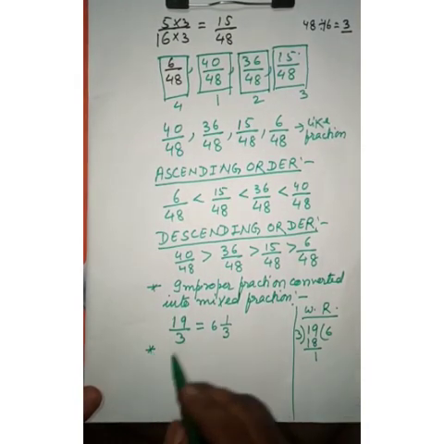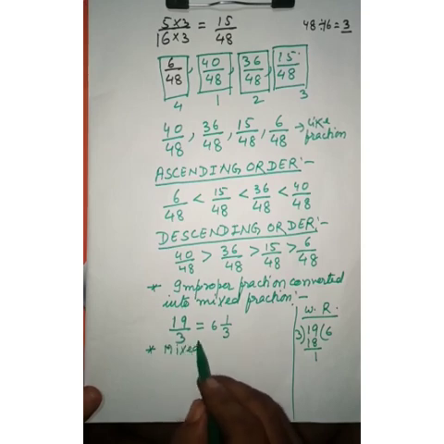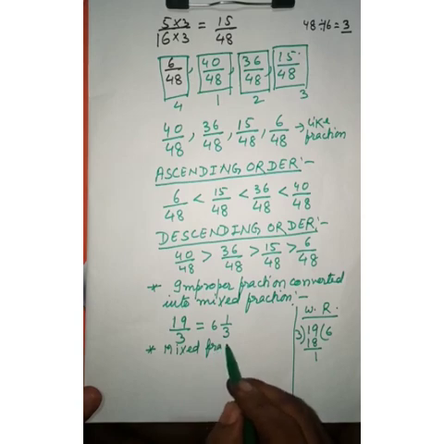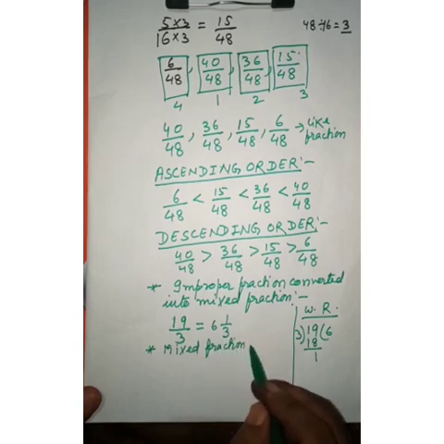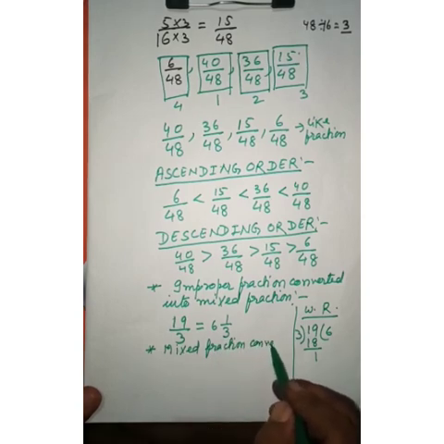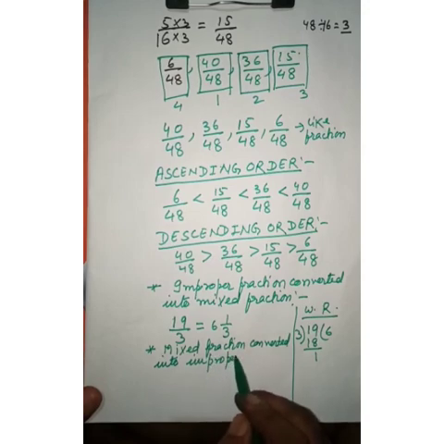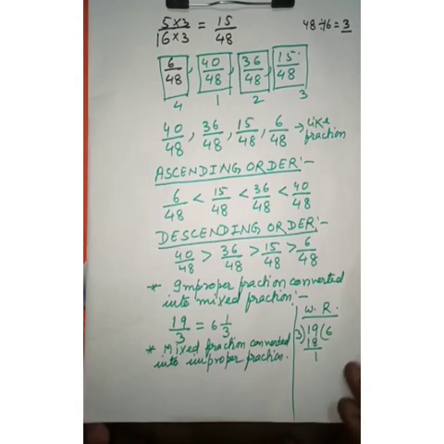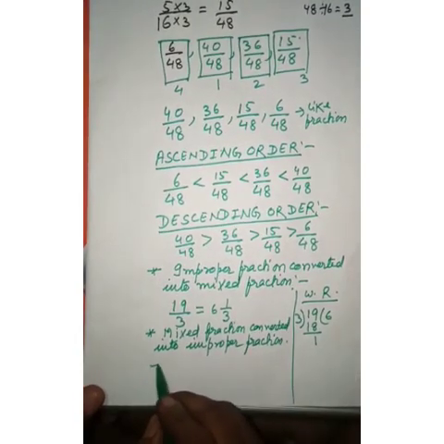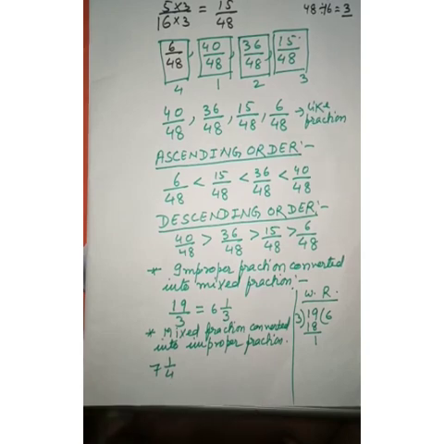And second, a mixed fraction is converted into an improper fraction. Okay, now see here, 7 1 by 4. How will you convert this?